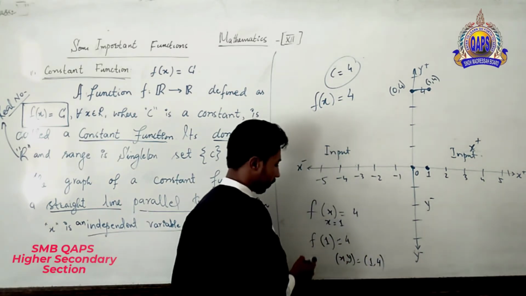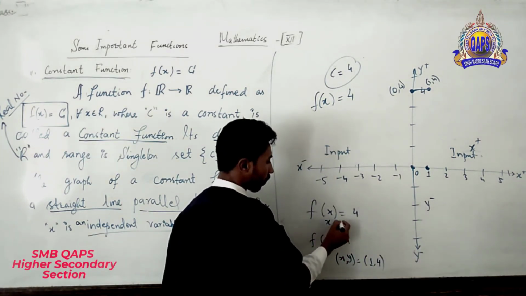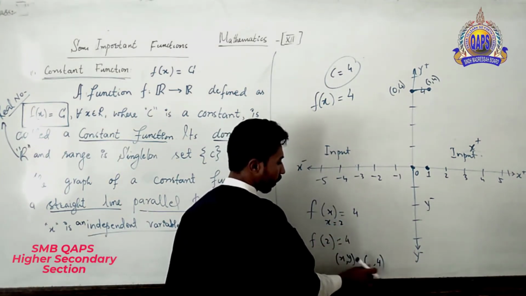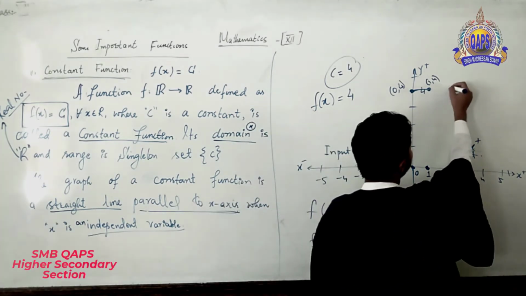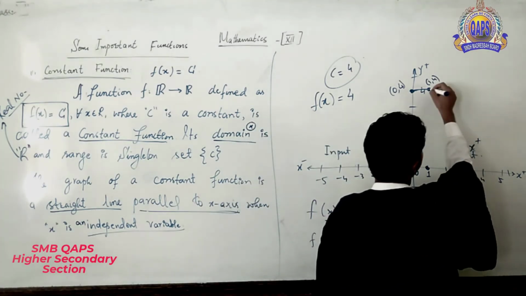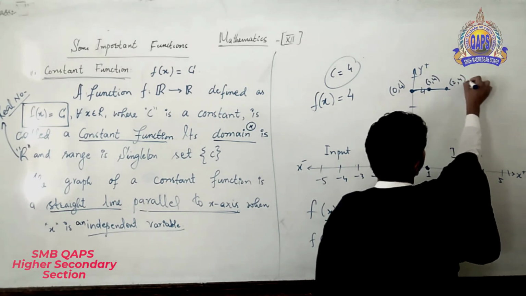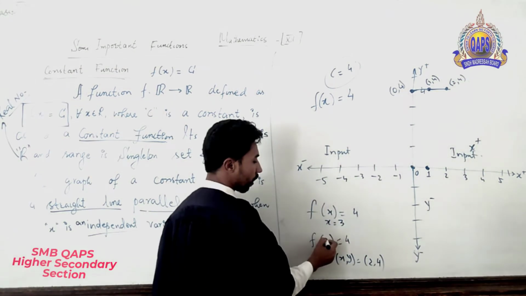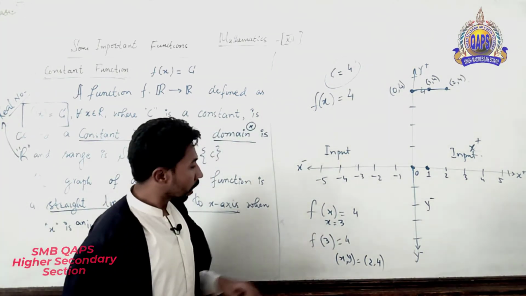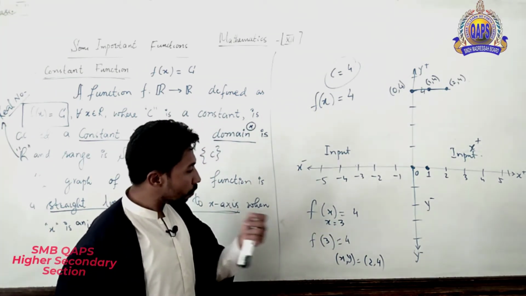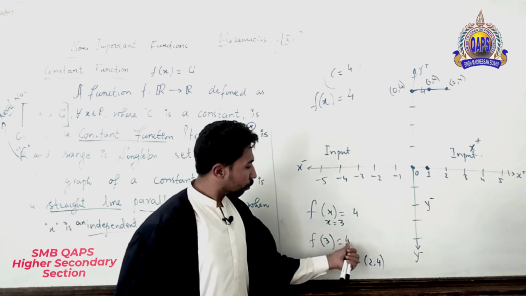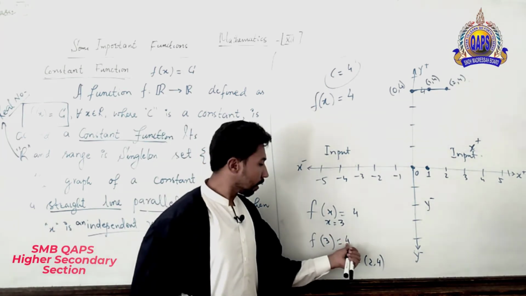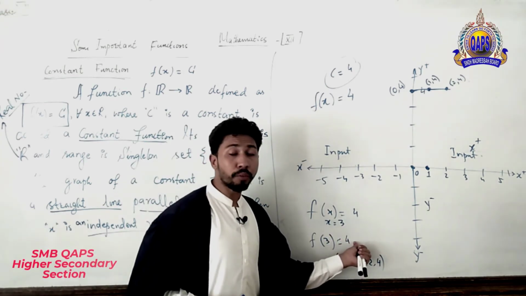Now second one is, if we put here 2, then the result is the same. So this represents 2, 4. Now if we put x equal to 3, then the outcome is only the digit 4, because there is no x variable.